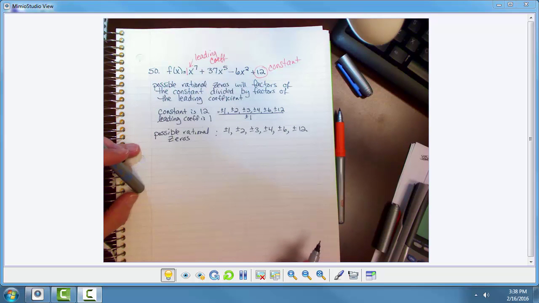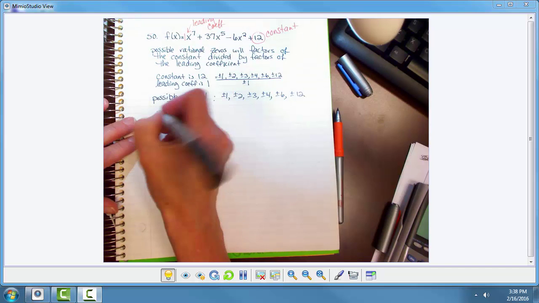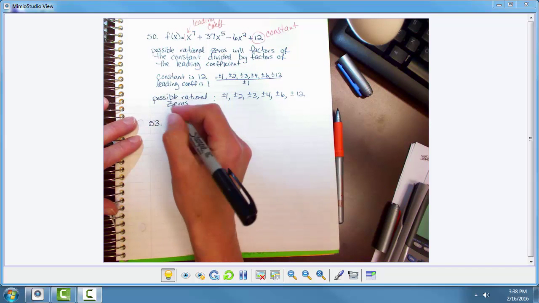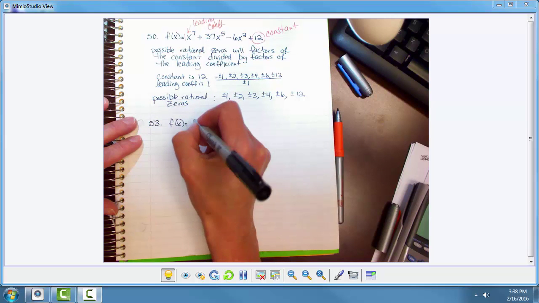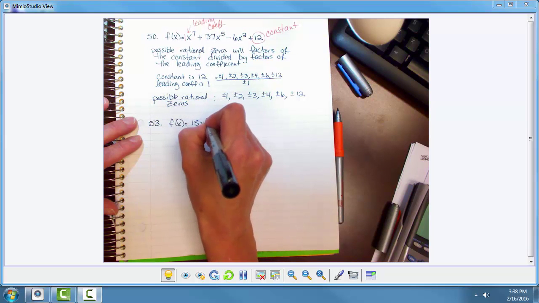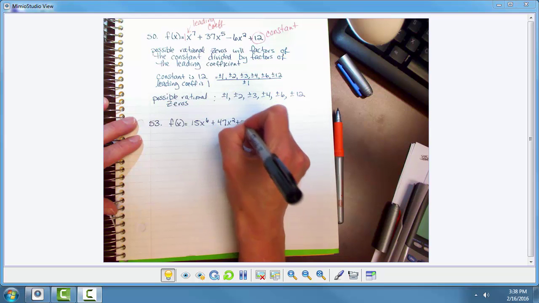Now sometimes this can get pretty confusing when the leading coefficient is not 1, such as number 53. Number 53 is f of x equals 15x to the 6th plus 47x squared plus 2.